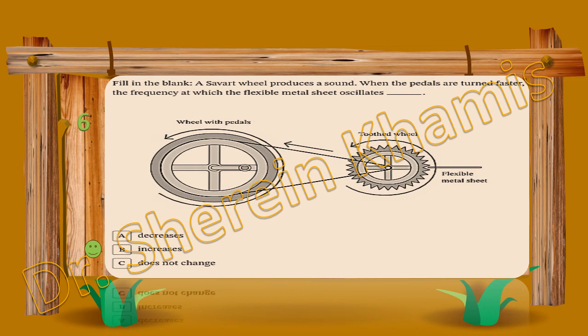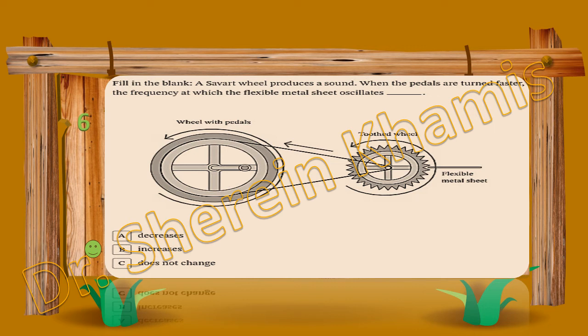So the frequency increases. Only the time decreases, as it has an inverse relation with the frequency. So if the number of gear teeth increases, or if the number of rotations increases, the frequency will increase.